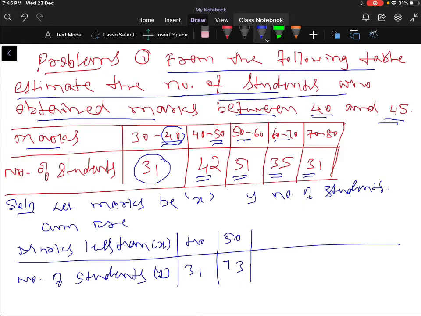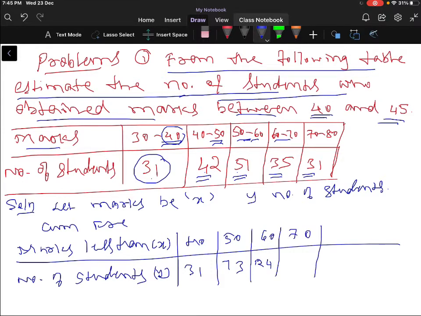Less than 50 marks, there are 73 students. Less than 60 marks, you have to add up 31 plus 42 plus 51, that is 124. There are 124 students less than 60 marks.